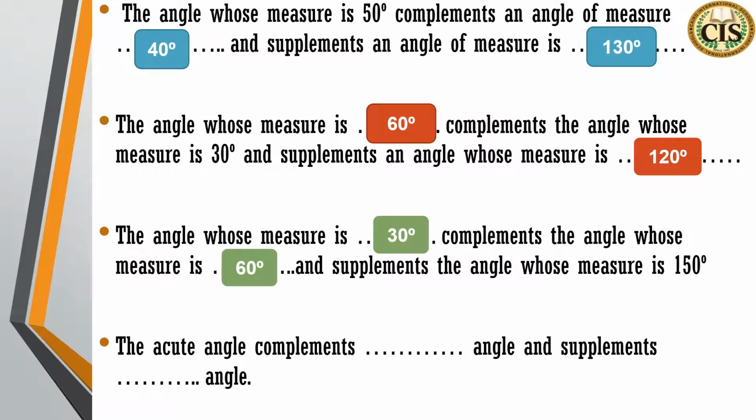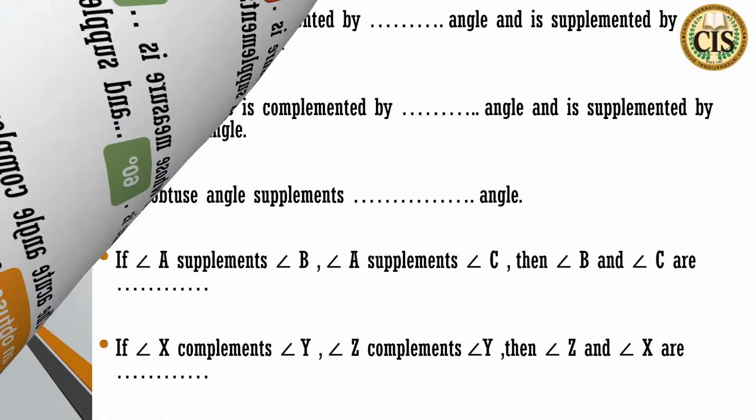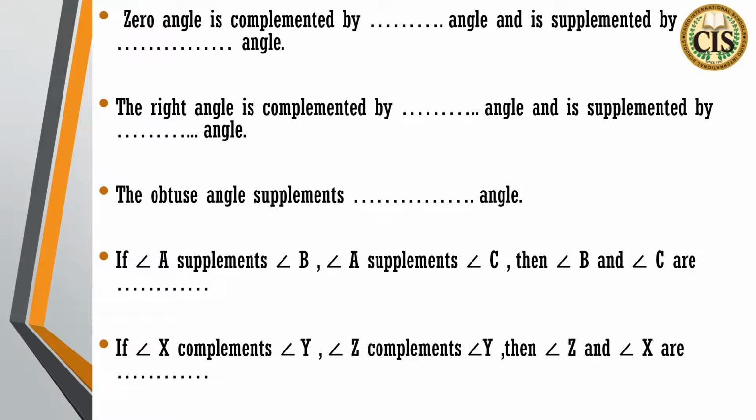The acute angle complements with what angle? An acute angle is complemented by an acute angle and supplemented by an obtuse angle. The zero angle is complemented by a right angle, and it is supplemented by a straight angle.